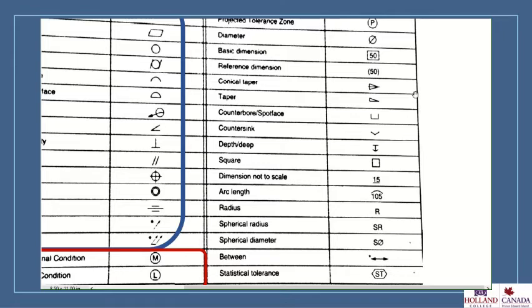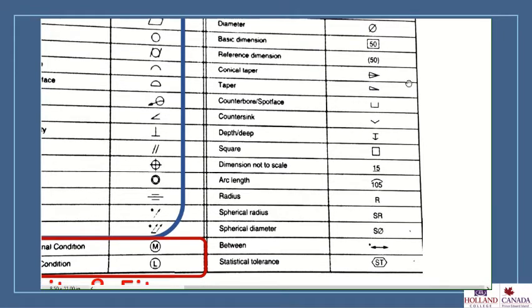We have some symbols for tapers. So if you have a cylindrical object with a taper, you'd see this conical taper symbol. If you have something flat with a taper on it, just the regular taper symbol. And again, counterbore, countersink. Our depth symbol, you'll see that called out with dimensions.